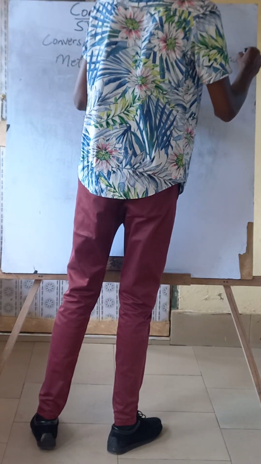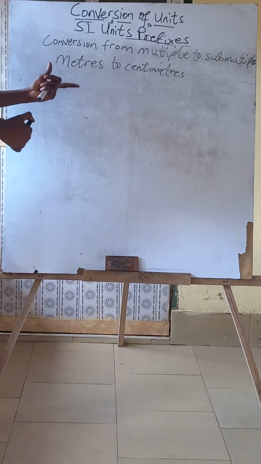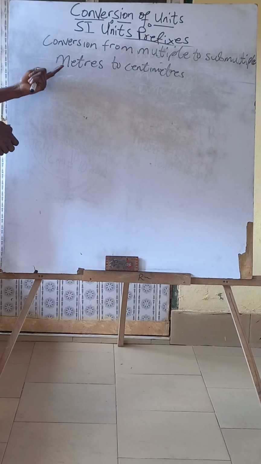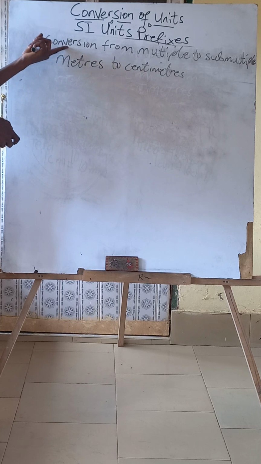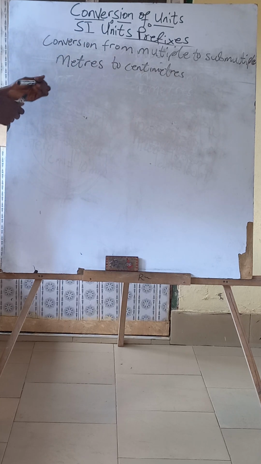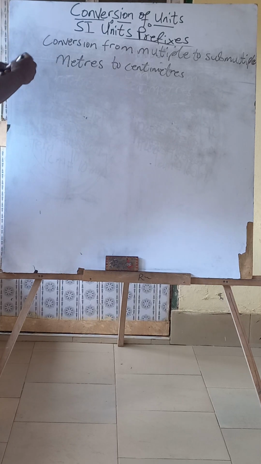So when you want to convert from meters to centimeters, it is under this heading: conversion from a multiple to a submultiple. Although this one doesn't have a prefix, I'll consider it as a multiple.